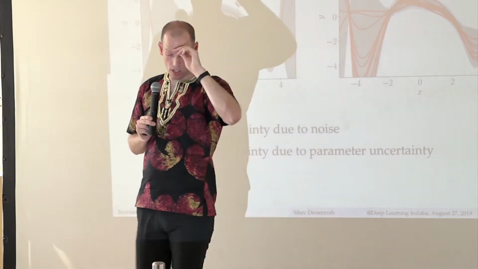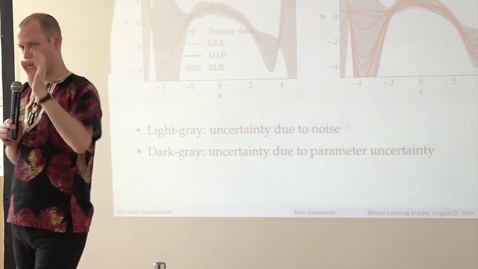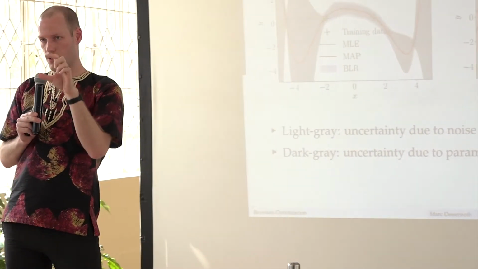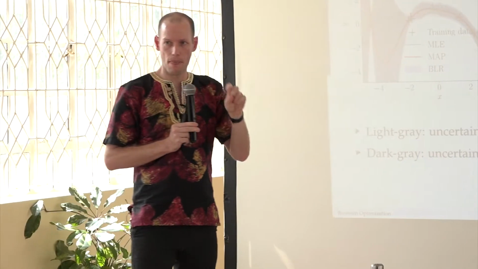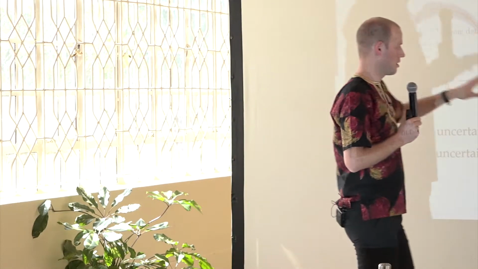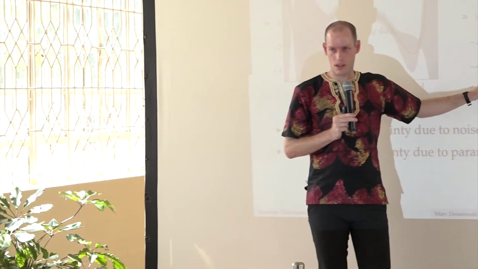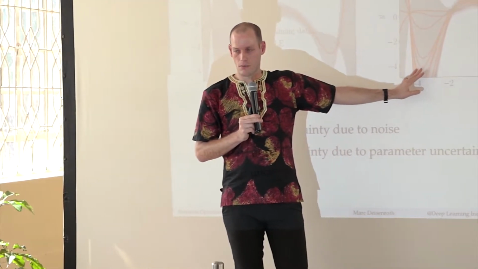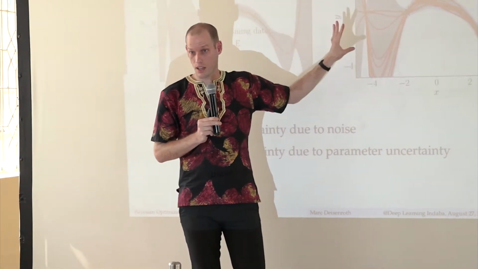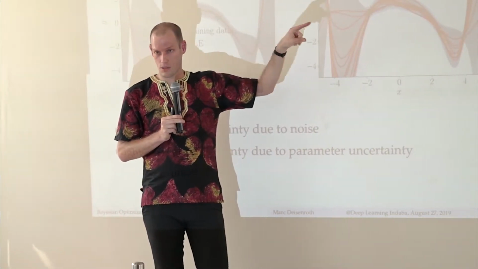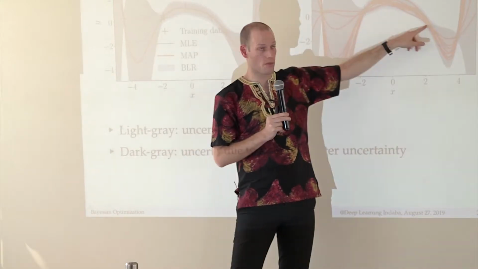I generate these functions by sampling one parameter vector from the posterior distribution, and then doing a normal prediction, the same way as maximum likelihood or MAP prediction, by plugging this value into theta transpose times x, and drawing the corresponding line.